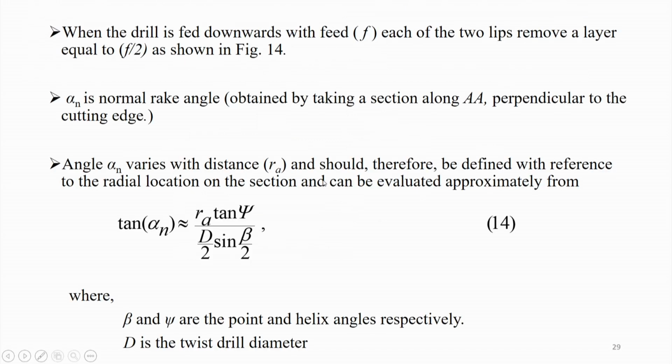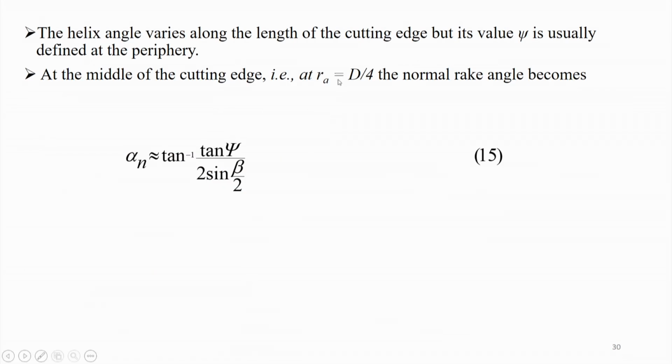So, this formula is there, and the helix angle varies along the length of the cutting edge, but its value psi is usually defined at the periphery. At the middle of the cutting edge, that is at Ra is equal to d by 4, the normal rake angle becomes alpha n is equal to tan inverse of tan psi divided by 2 sin beta by 2.